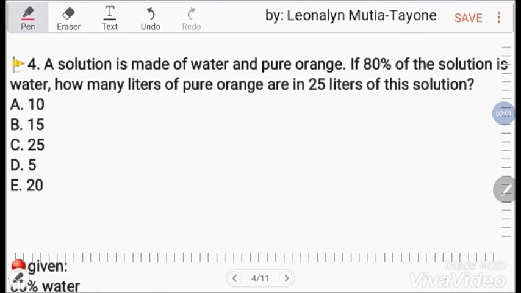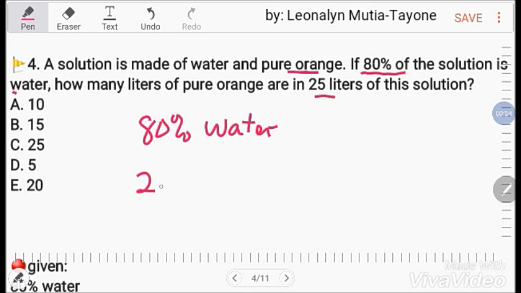Next, number 4. A solution is made of water and pure orange. If 80% of the solution is water, how many liters of pure orange are in 25 liters of this solution? 80% water daw.